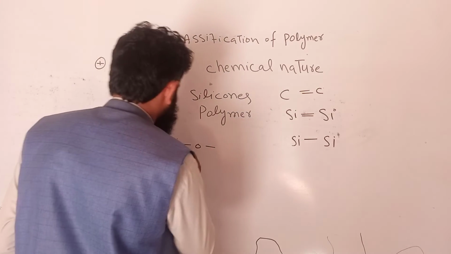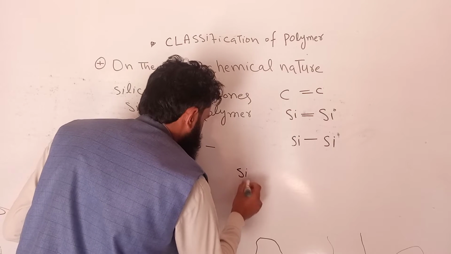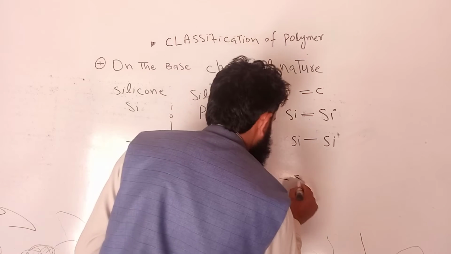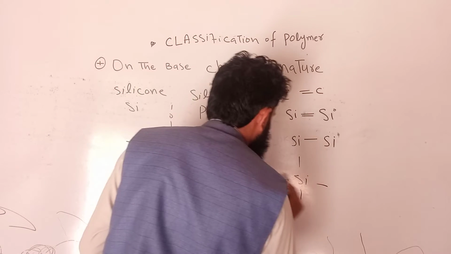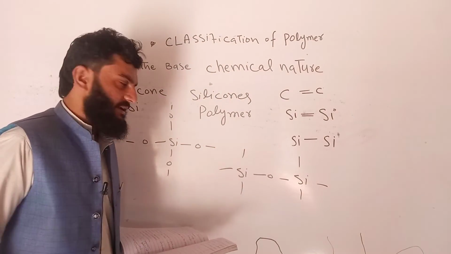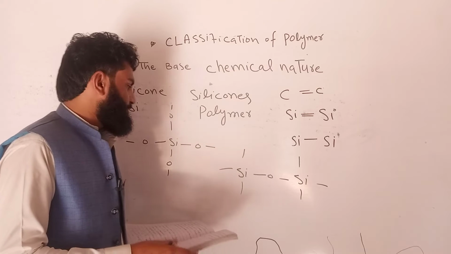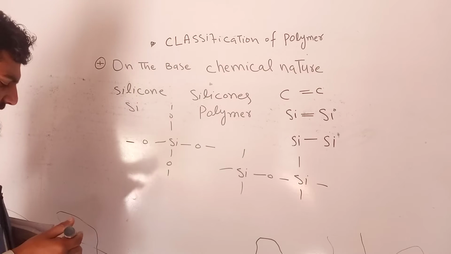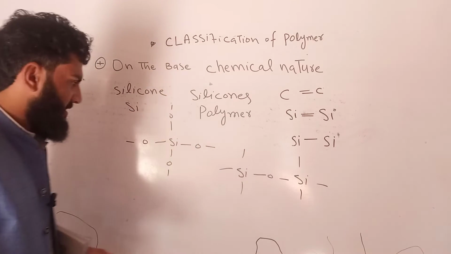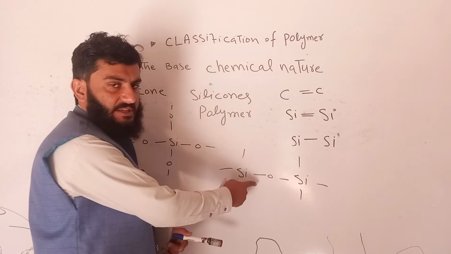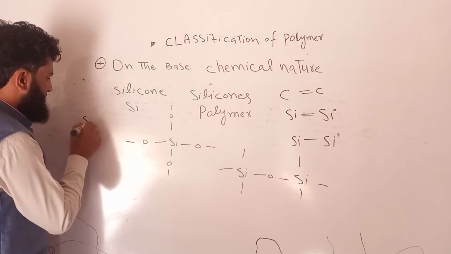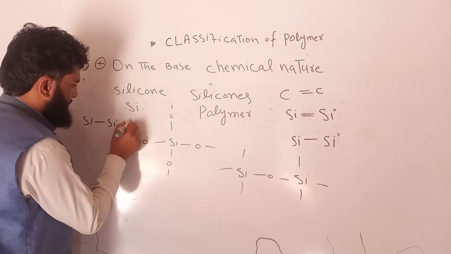In some books it can be written as silicon or as Si. Some books have written it differently. Maybe this is the correct one. I want to repeat: silicon doesn't exist in a polymer form directly.